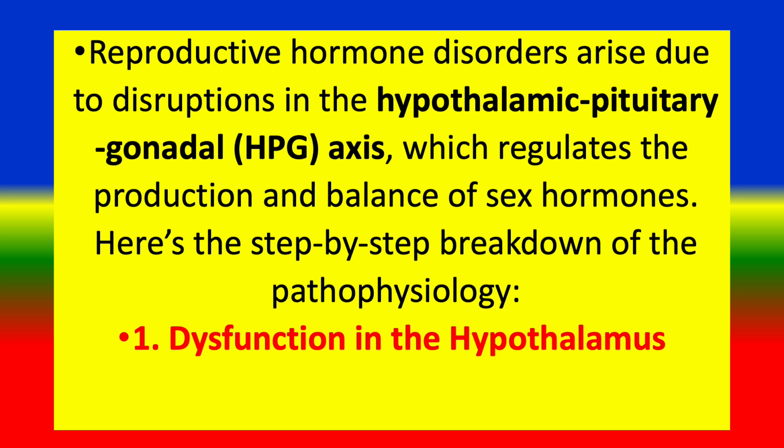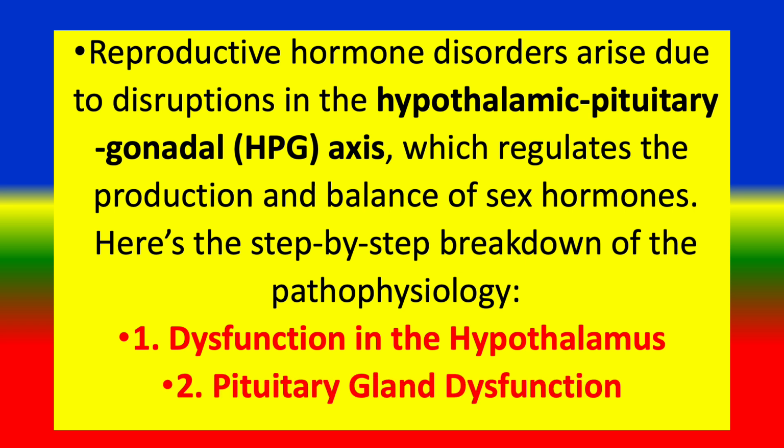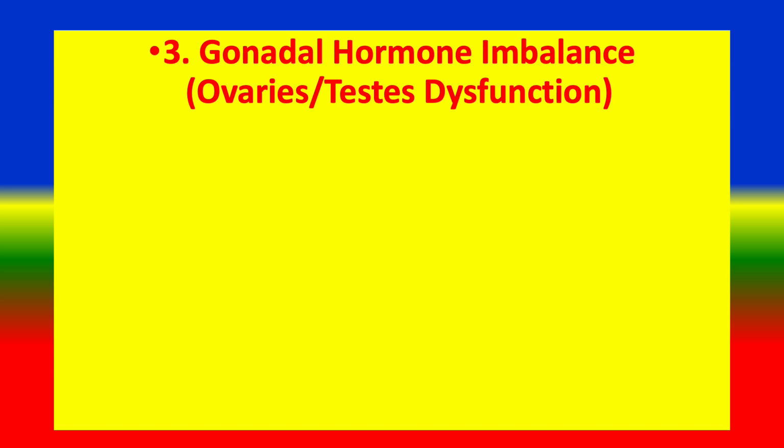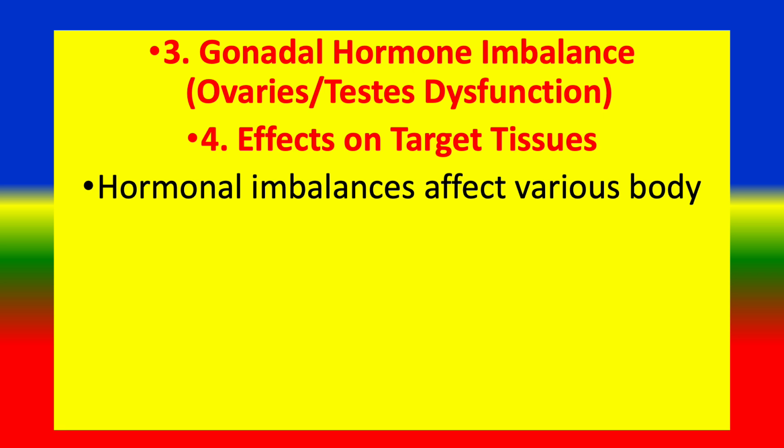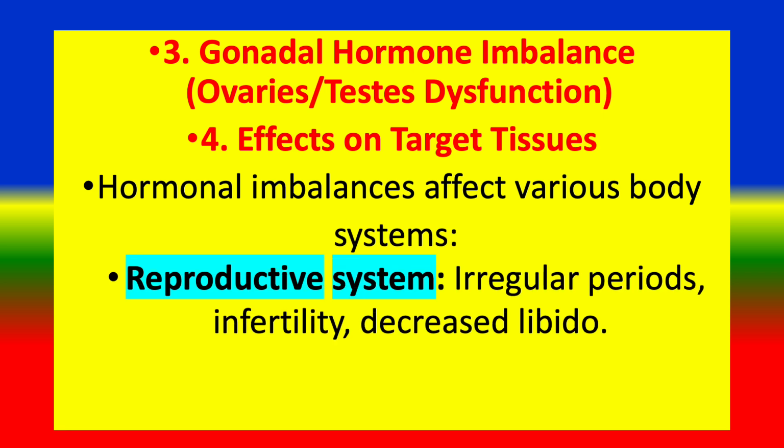1. Dysfunction in the hypothalamus. 2. Pituitary gland dysfunction. 3. Gonadal hormone imbalance, ovaries, testis dysfunction. 4. Effects on target tissues. Hormonal imbalances affect various body systems. Reproductive system: irregular periods, infertility, decreased libido.